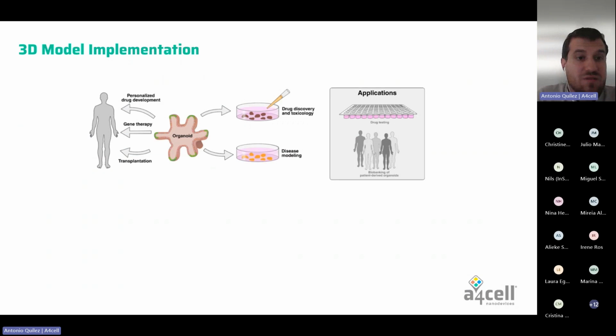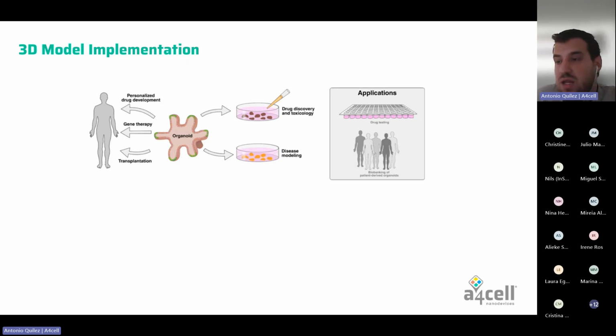So the implementation of these 3D models can range from personalized drug development, gene therapy, also for transplantation purposes, also working in drug discovery and toxicology, and in general, disease modeling.